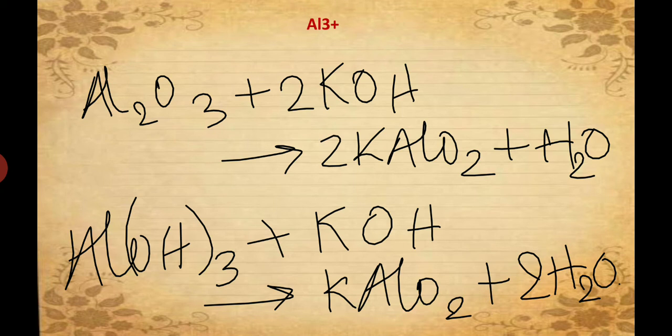The corresponding salt, and this time they are producing water instead of hydrogen. And in case of oxide and hydroxide, the products are same, only the balancing is different. In both the cases, the corresponding salt and water are formed.